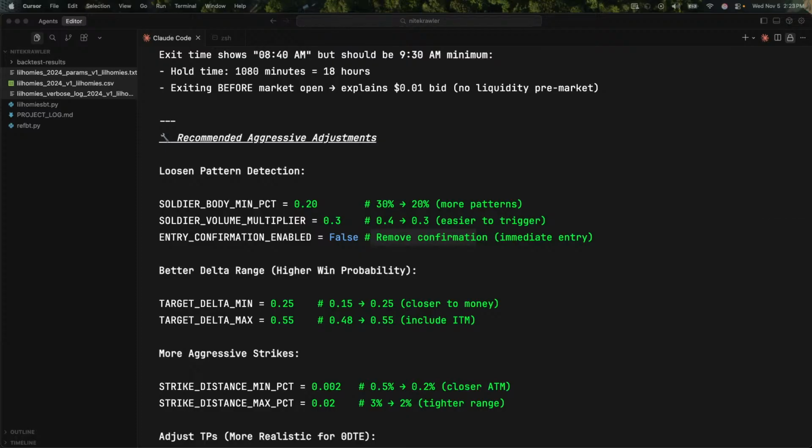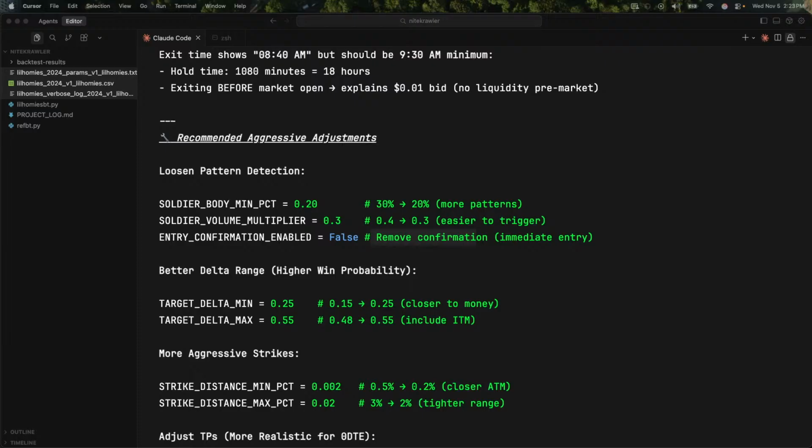The soldier, you can go from 0.3 to 0.2. I'm typing on another screen, then I'm going to bring it over. Soldier volume, you can go from 0.4 to 0.28. Keep the entry confirmation. Don't do that. Bring it back.